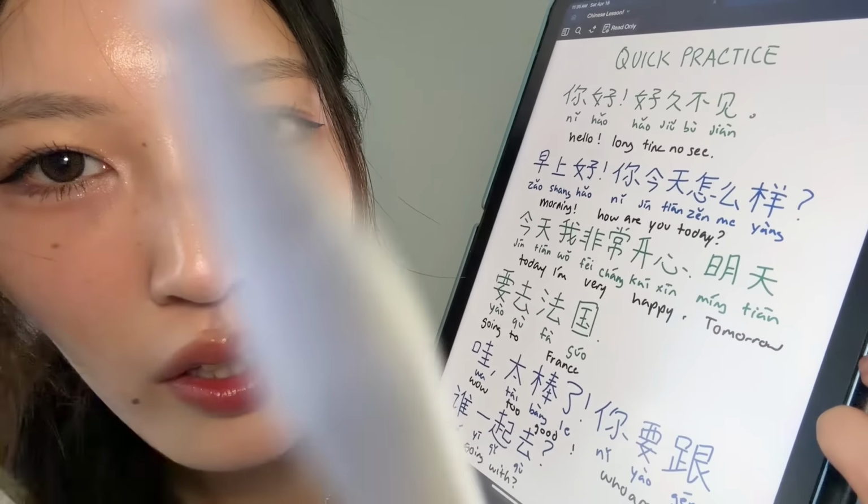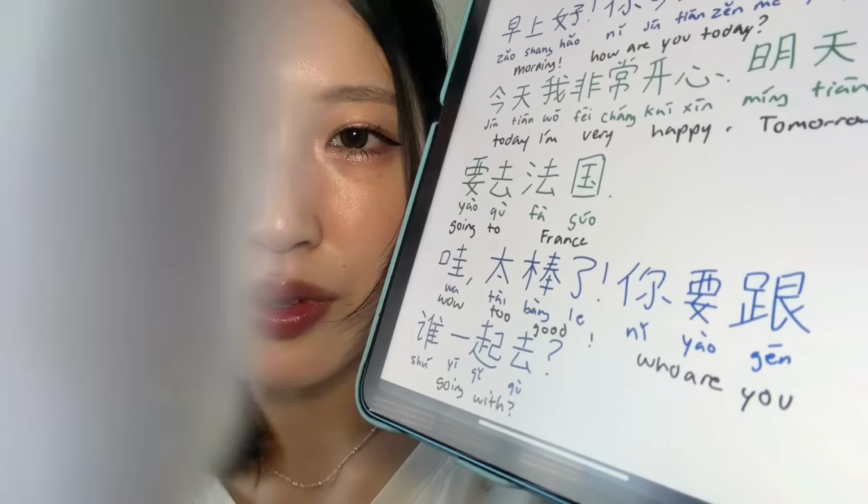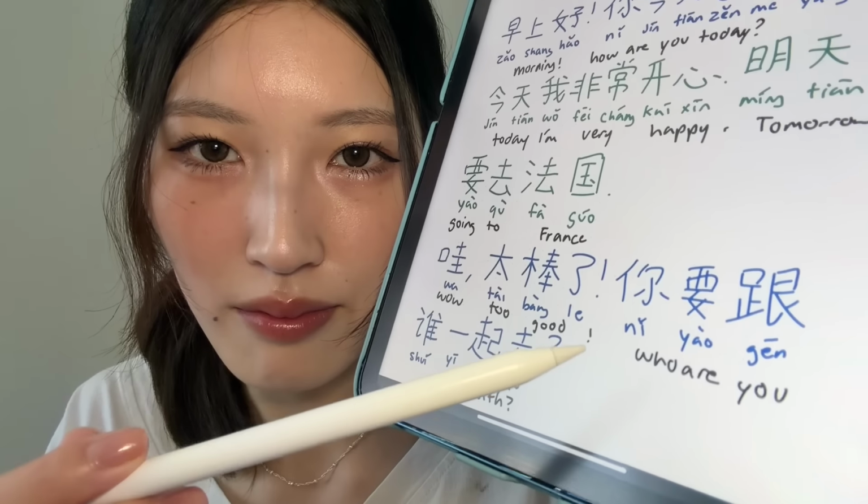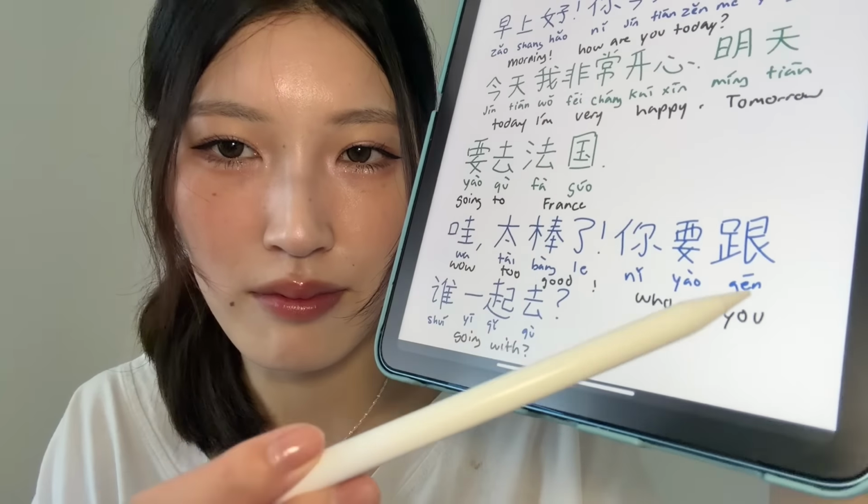So, 你好，好久不见. So, morning, how are you today? Okay. 今天我非常开心，明天要去法国. Tomorrow I'm going to France, 法国. Okay, your turn. 我要和我女儿一起去. I accidentally added 女的, my bad.